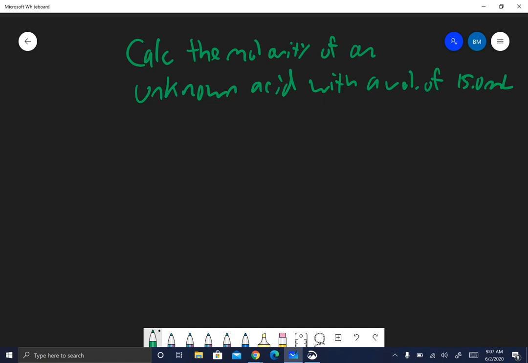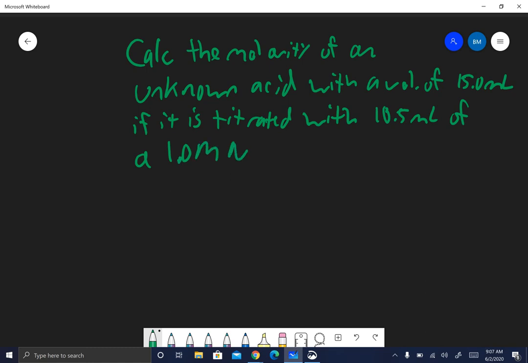Calculate the molarity of an unknown acid with a volume of 15 milliliters if it is titrated with 10.5 milliliters of a 1.0 molar NaOH solution. All right, this is very wordy.